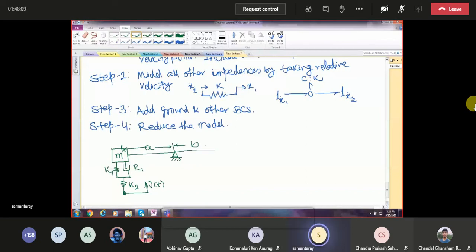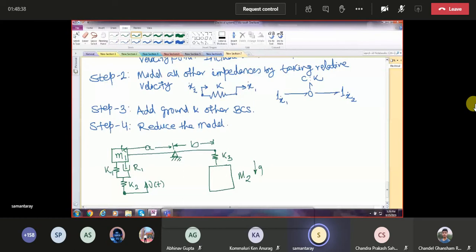Then from here, let's say there is a spring hanging, K3. We have a mass hanging, let's say M1, and let's say M2. Gravity acts downwards.